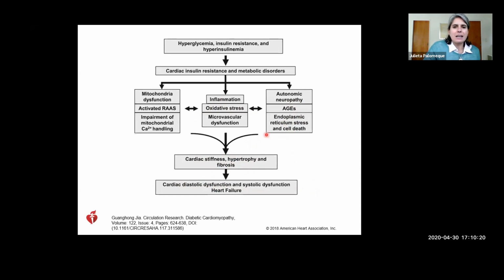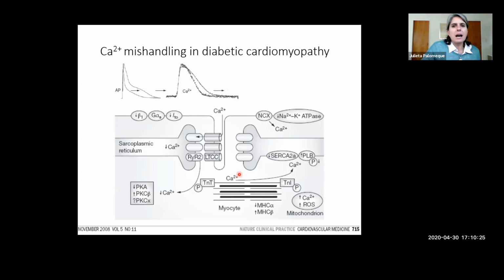This is at whole body level, but at heart and cellular level, we already know that in diabetic cardiomyopathy there is a remodeling of the action potential, and also a decrease in the calcium transient and prolonged calcium transient signals. And this is at least because SERCA protein in the sarcoplasmic reticulum is decreased, phospholamban is increased, and its phosphorylation is decreased.